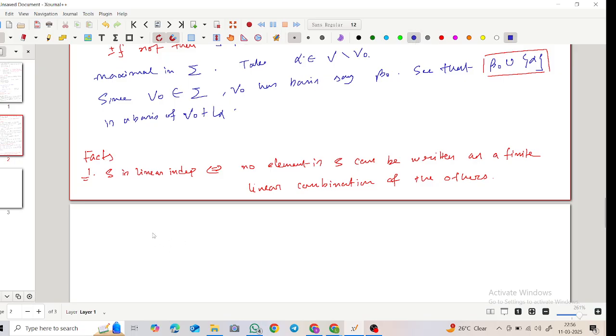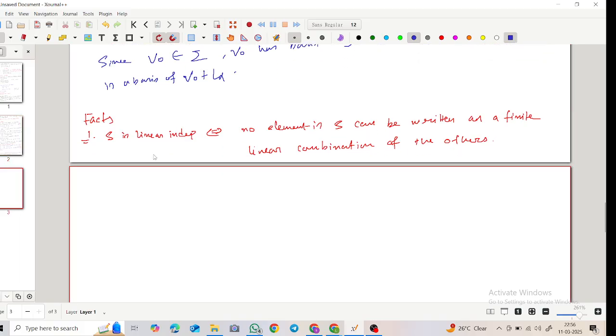So basically you see, suppose S is linearly independent. For this part in the proof it is obvious.